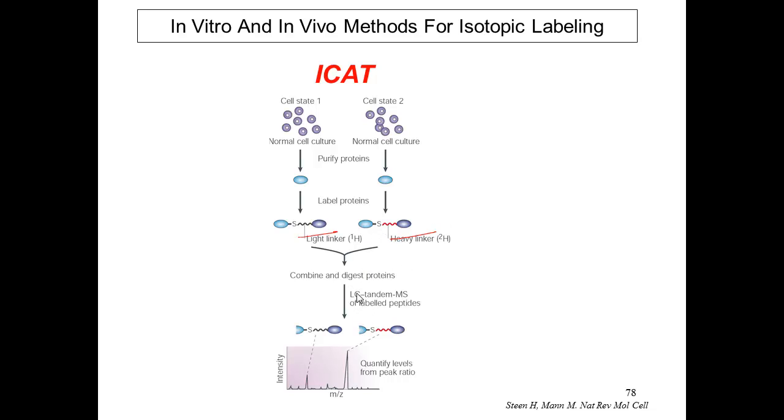When they come off the column at the same time, we'll be able to tell by the different weights which peptide came from which sample, and we'll be able to calculate a ratio, and here the ratio would be about between 2 to 1 and 3 to 1, probably about 2.5 to 1, with the protein being more abundant in the heavy sample rather than the light sample.